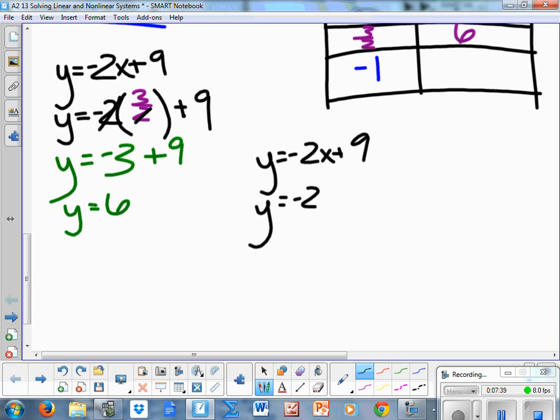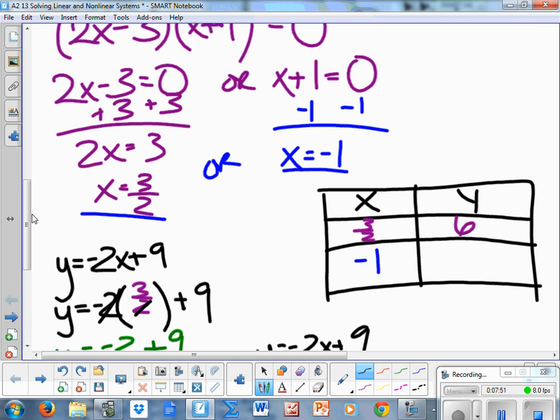Y equals -2 times -1 plus 9. So y equals 2 plus 9, y equals 11. Okay, so y equals 11 when x equals -1. That's positive 11.